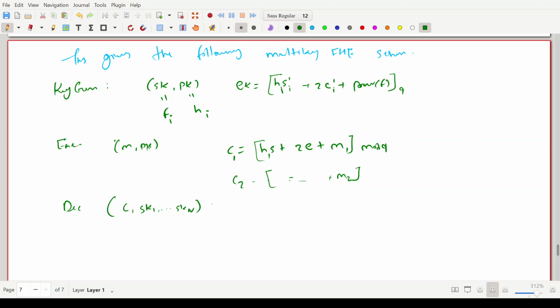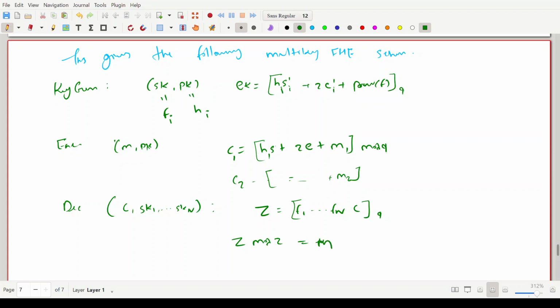Compute first Z. What is Z? This is F1 to Fn multiplied by C modulo Q. Multiply all the Fi's with C, correct? And what is the output? Just take Z modulo 2. That will be your output.